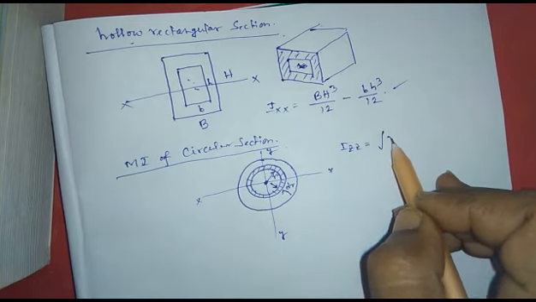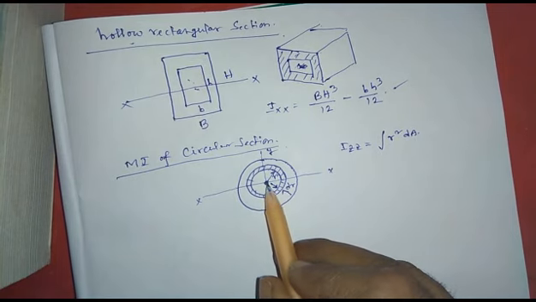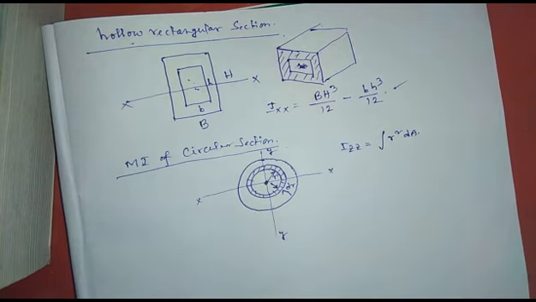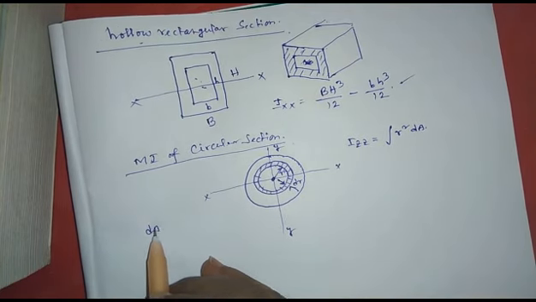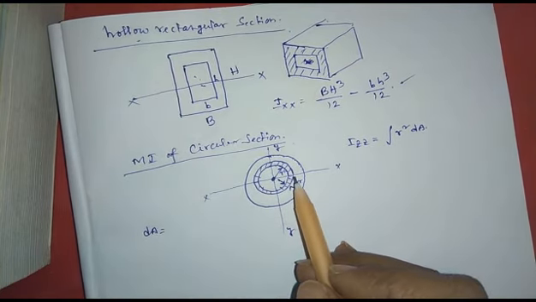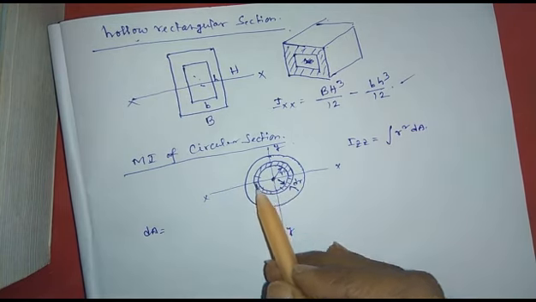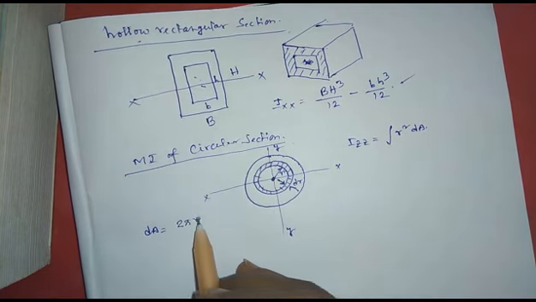So that will be integration r square dA. r is the distance from the axis. This is the axis which is passing through this point and perpendicular to the plane of the paper. Now what is dA? Think, what is the perimeter of this inner circle? It is 2 pi r.